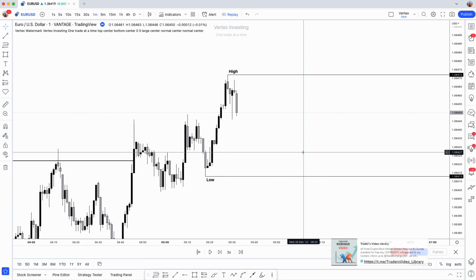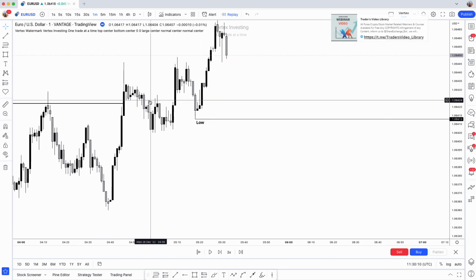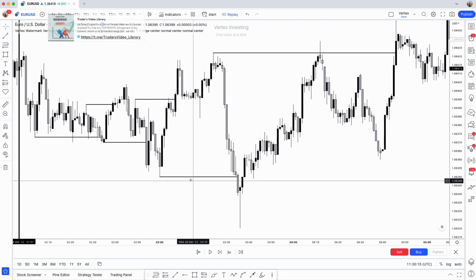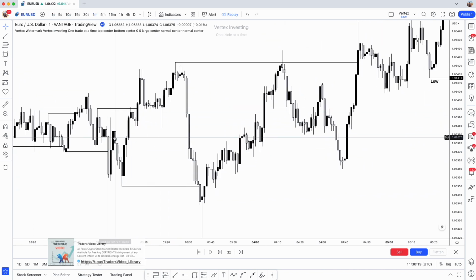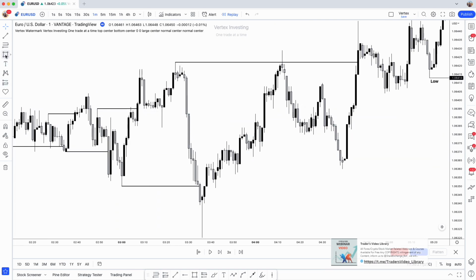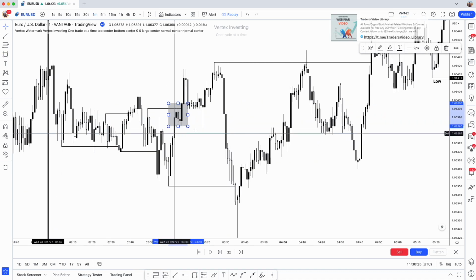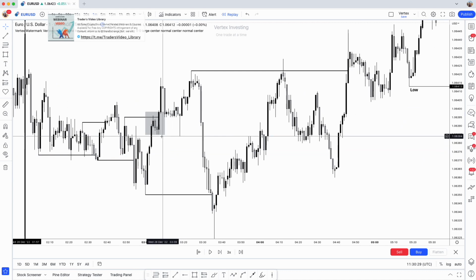There's no difference. However, you do get some awkward moments, for example, like the range high here, even though it confirmed over here, or you do get something like this where you get what looks like a pullback but it's not. Don't get confused. Even for me, even when I was recording this video, I got confused on this bit, didn't I? I had to zoom in to make sure. The thing is, you may need to double check at some points, but make sure that your structure is correct before moving on.